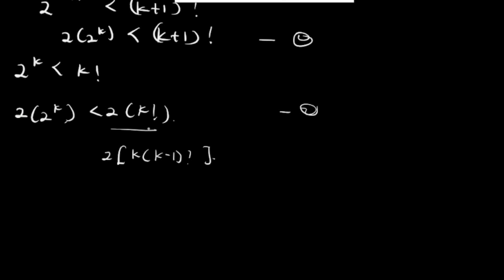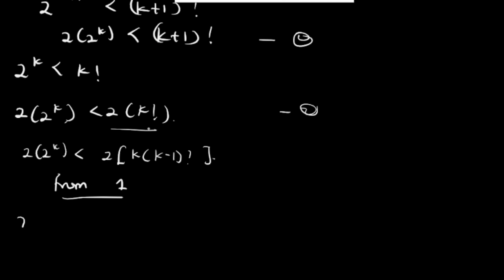So meaning 2 to the power k is less than this, right? Now from this side, that is from 1, we want to consider this. Let's expand this further so that we can draw an analogy, because this k plus 1 factorial, we need to expand.